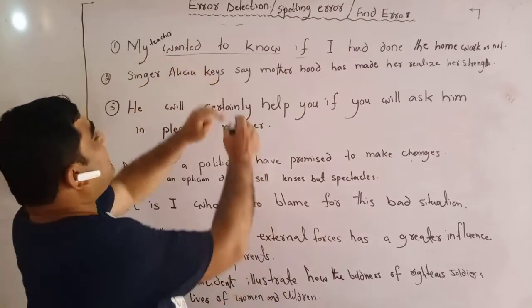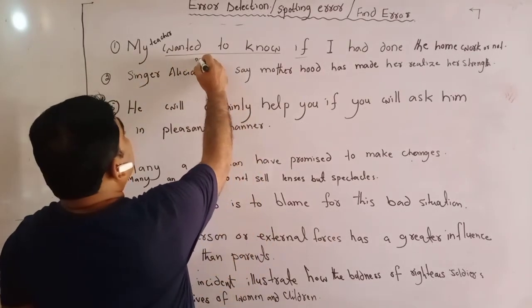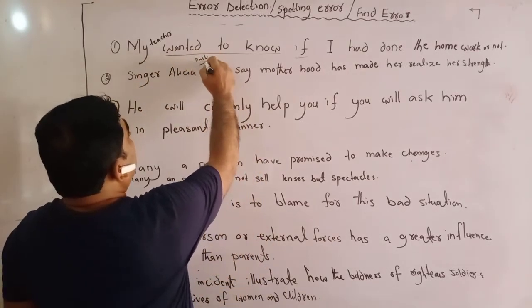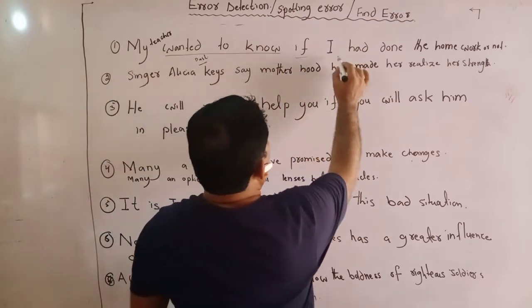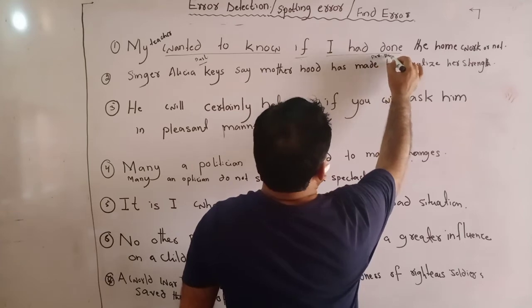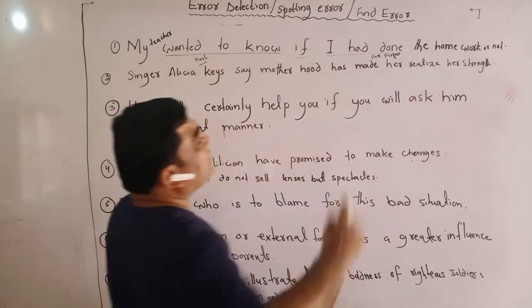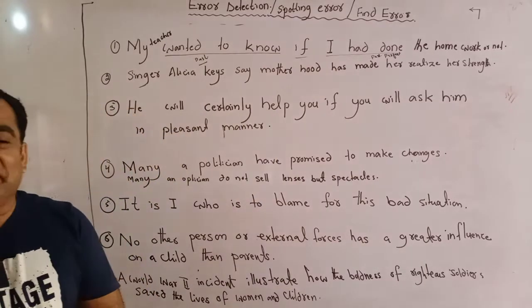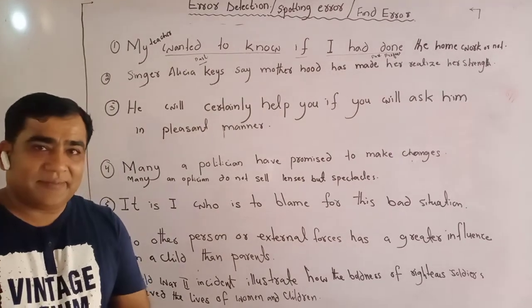Now, my teacher wanted to know is past, and where if is there, I had done is past perfect. So where is the mistake, where is the error?